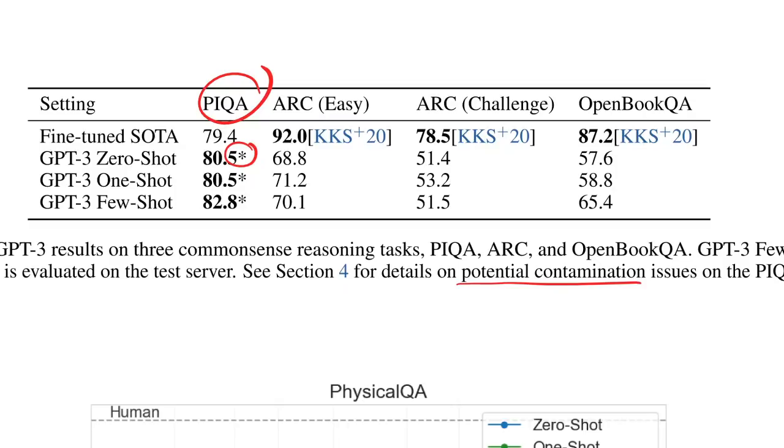So these good numbers here are, or could be, influenced by this contamination. And I think that's what's happening right here. Even though they will make the case that this contamination isn't really an issue, I can probably show you that it maybe actually is an issue. Because on the other datasets, the fine-tuned state-of-the-art model outperforms GPT-3 quite a bit.